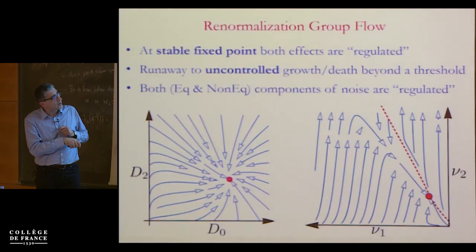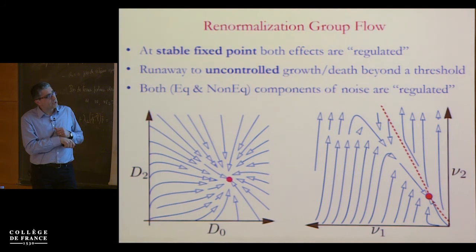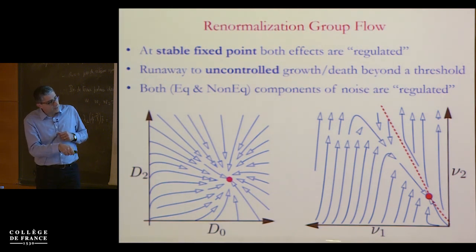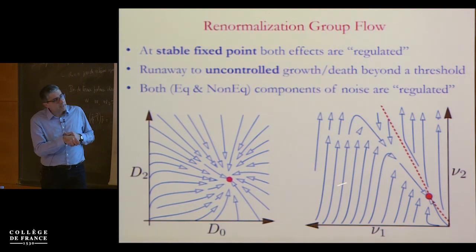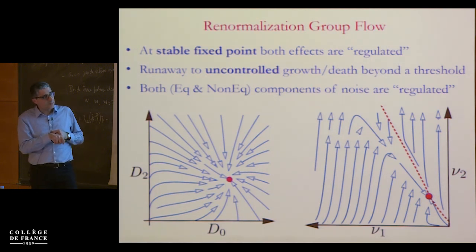And that competition, if you use dynamical renormalization group and calculate essentially the flow of these parameters up to one loop, so the lowest that you can do for this system, you will find out that there is a fixed point in the space of the chemical interaction and the growth and death term or rate, which essentially has a basin of attraction which is not infinite.